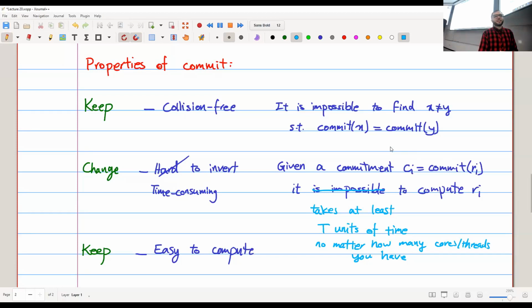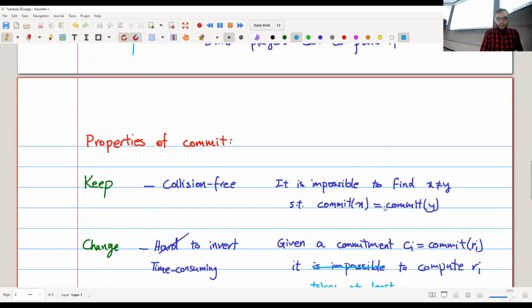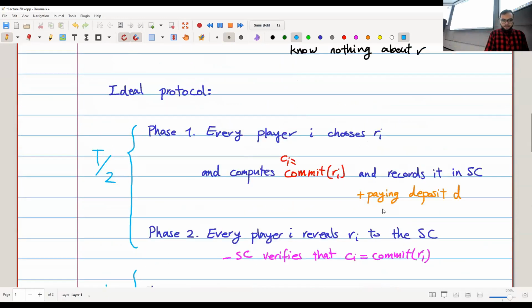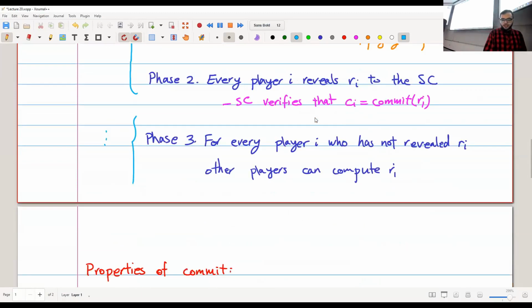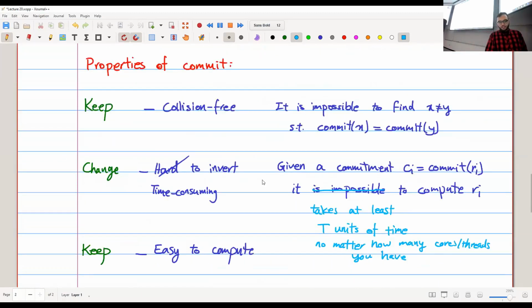and I find another value y that has the same commit. Another way of looking at this is that if I'm a malicious player here, I start my maliciousness before even phase 1 begins. I find two values that have the same commit, and I can find them if I have this property. It just takes me t units of time.